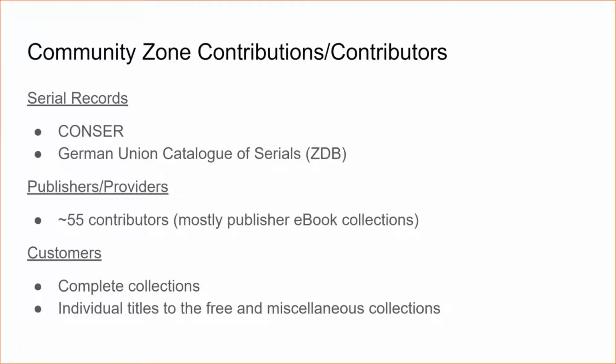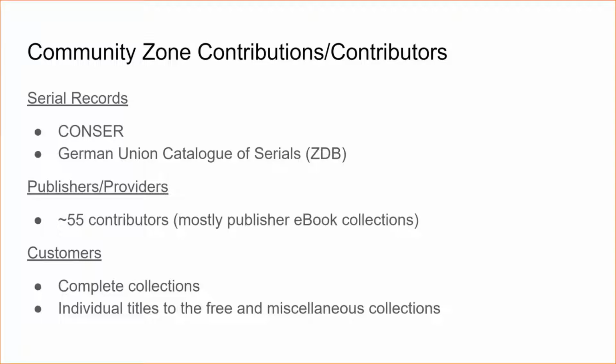There are 150,000 CONSER records in the community zone. They're going to skew mostly towards North American academic collections, so a lot of academic materials. You're not going to find a lot of magazines, those kind of periodicals.